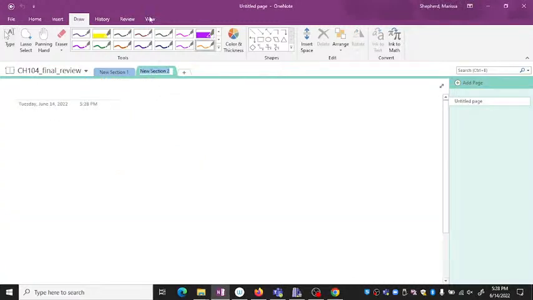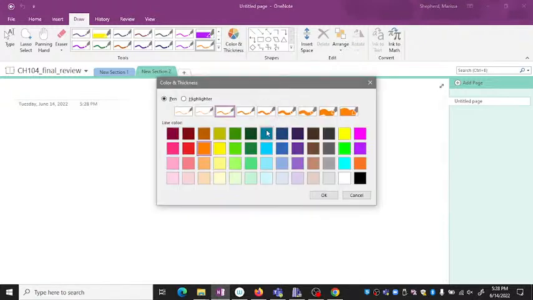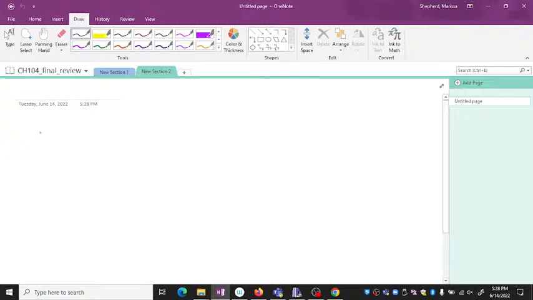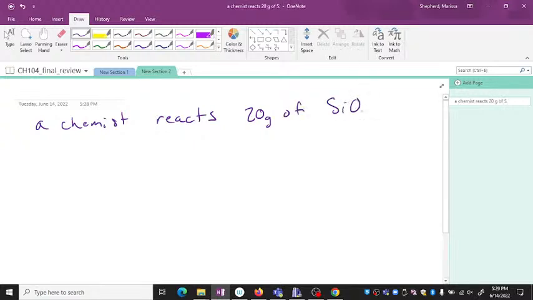So let's do some stoichiometry. So a chemist reacts 20 grams of silicon dioxide with 40 grams of HF.